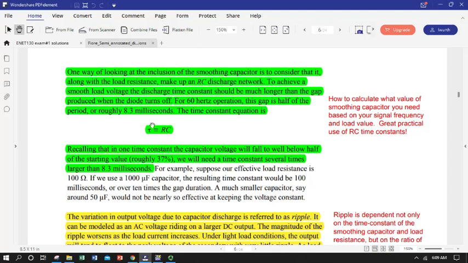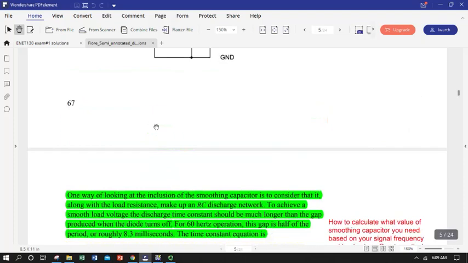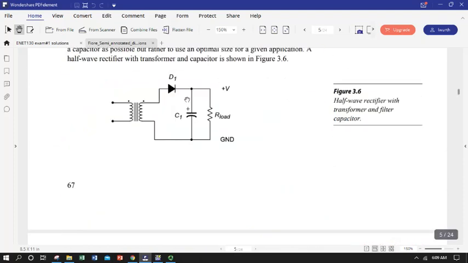But it gives us an idea of basically how long it takes for a signal to decay. So we can compare the tau of our RC circuit, which we basically have here. When the diode is no longer supplying peak voltage, this capacitor takes over and it's discharging through the resistor. So we've got a little RC circuit going here between peaks from the diode.